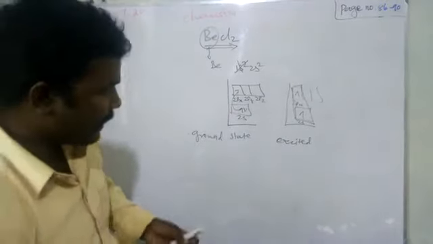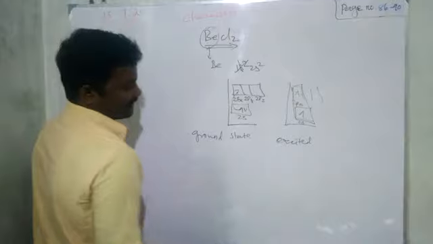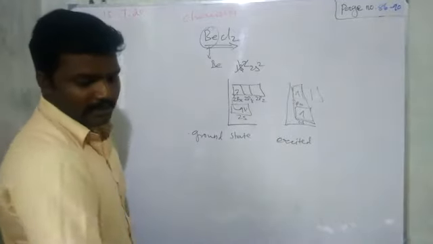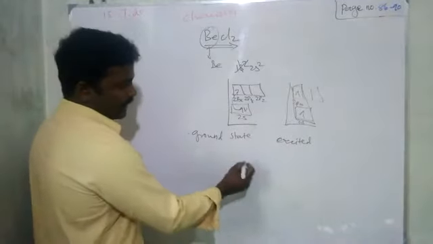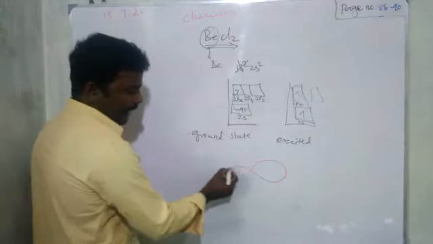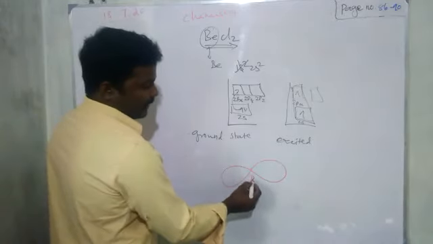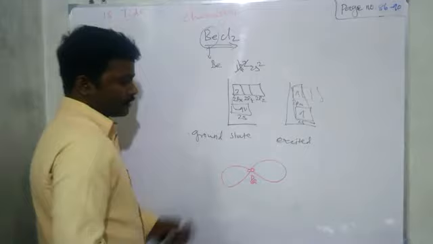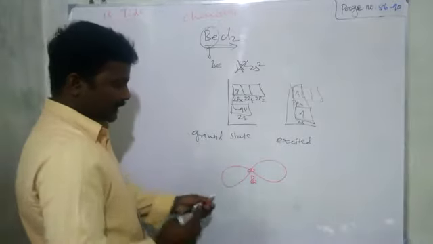For beryllium, we have 2 hybridized orbitals. We can write the hybridized orbitals for beryllium, the 2 hybridized orbitals in red color.